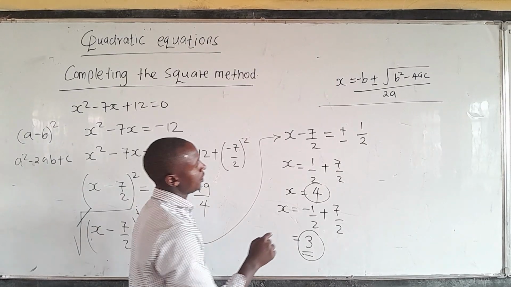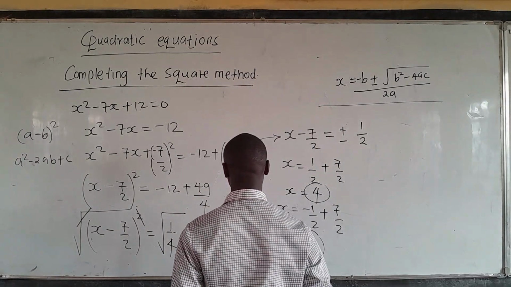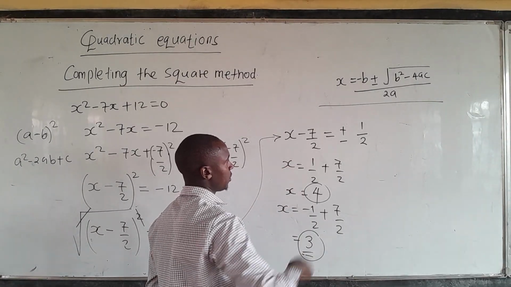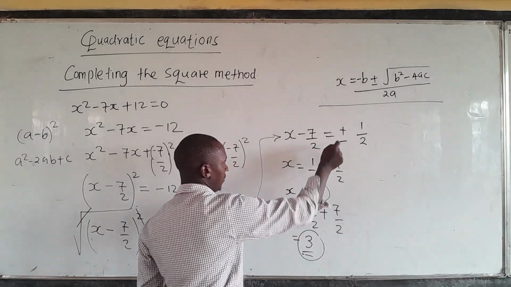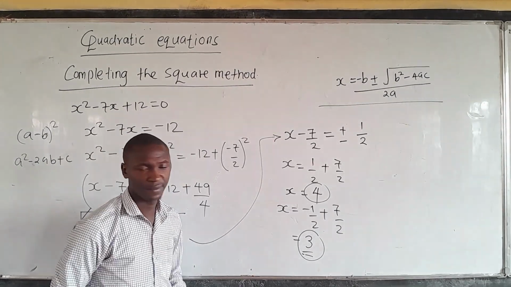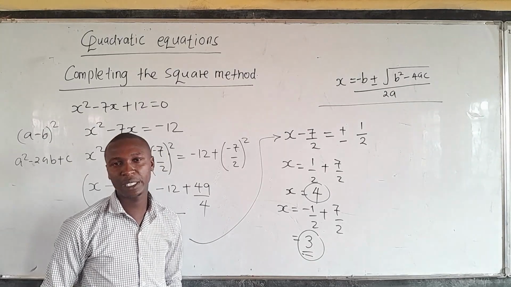The square root of any number has to be plus or minus, and the square root of a quarter is a half. Then you solve for the value of x when it is positive and the value of x when it is negative. And that is how we solve a quadratic equation using the completing the square method.